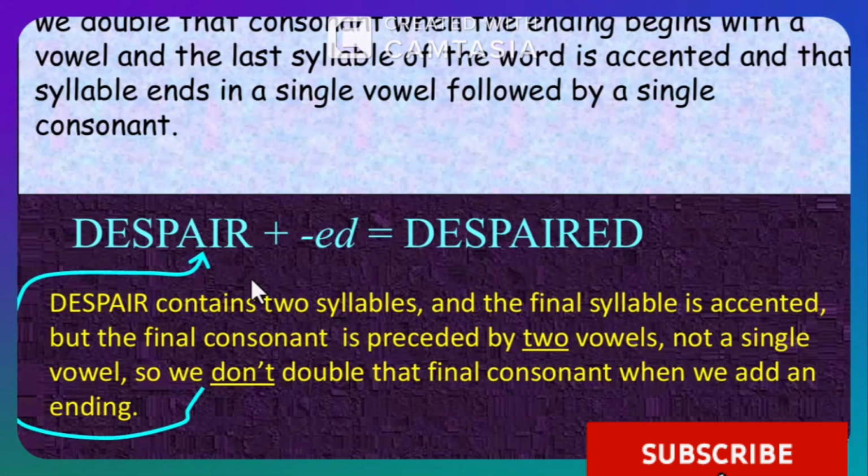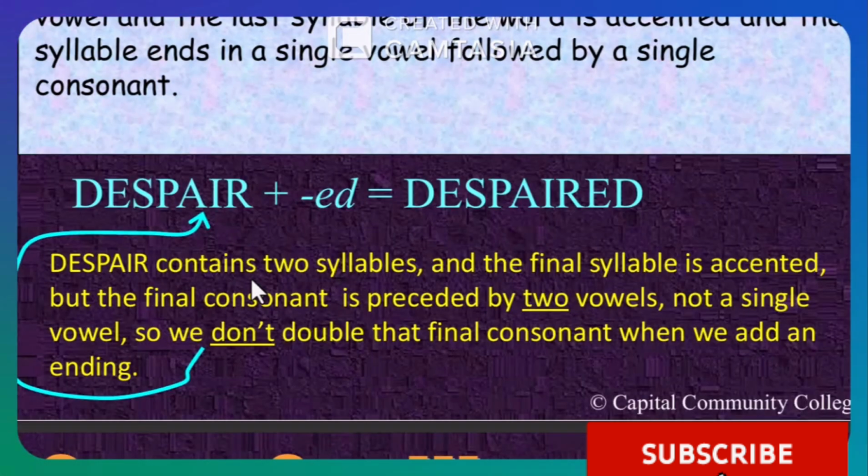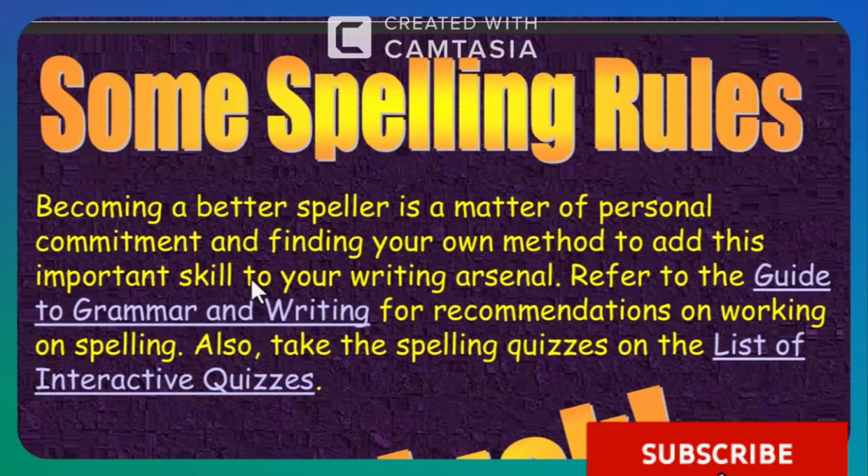So despair contains two syllables and the final syllable is accented, but the final consonant is preceded by two vowels. Okay, not a single vowel. So we don't double that final consonant when we add ing because we have two vowels. Okay, you do not double it.